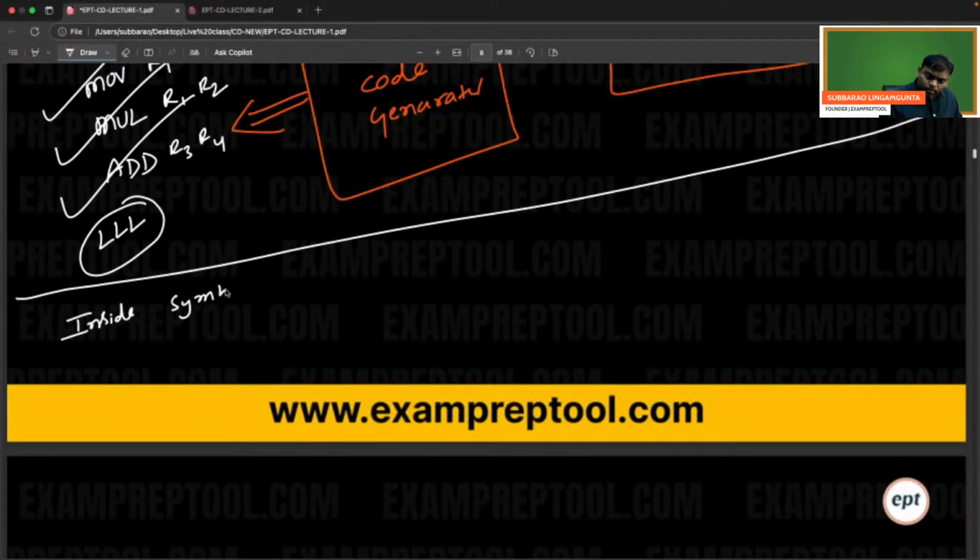Inside the symbol table, all phases of the compiler can store.